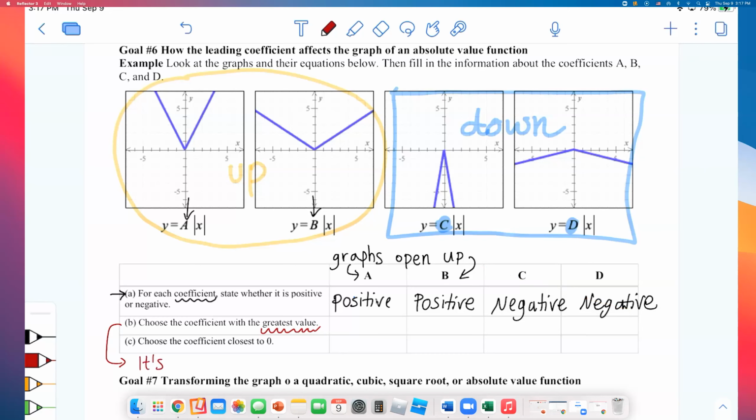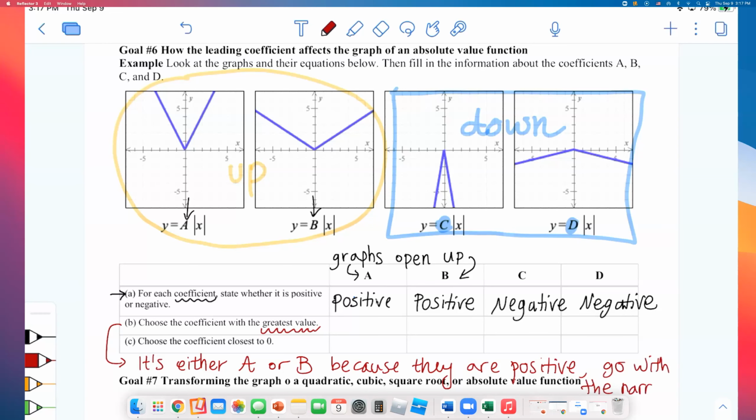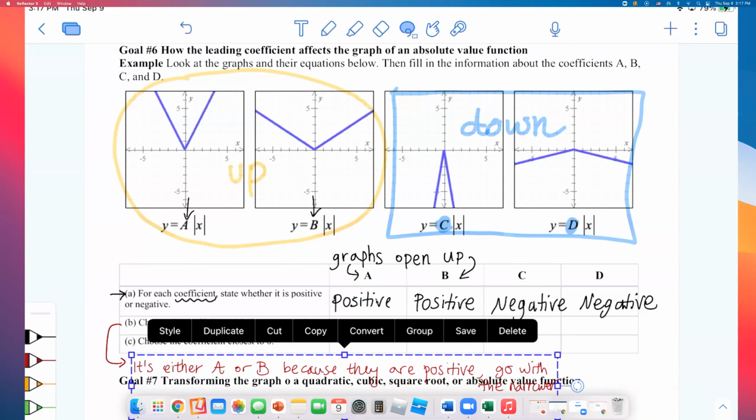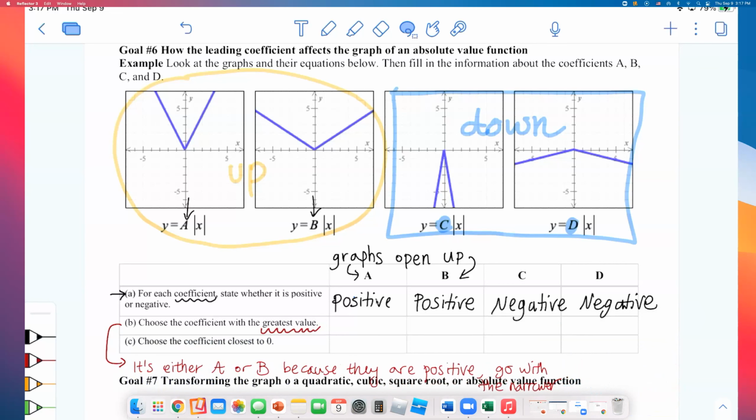It's either A or B because they are positive, but go with the narrower, because the narrower the graph is, the bigger the coefficient is.